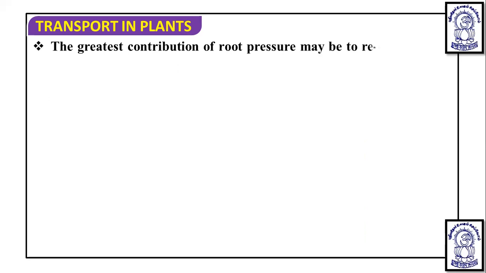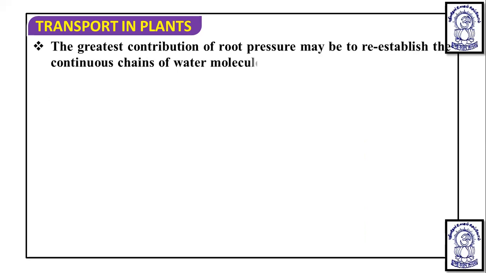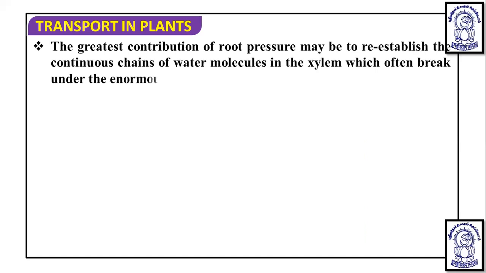So the greatest contribution of root pressure is to re-establish the continuous chain of water column in the xylem that is often broken under the enormous tension created by transpiration. What happens when transpiration occurs? The loss of water occurs in the form of vapor from the leaves or the intercellular spaces of the leaves.